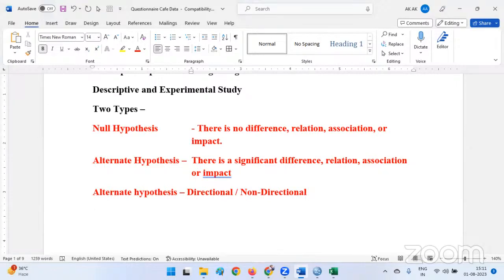Suppose let's take an example of satisfaction of males and females. So what is my null hypothesis? We denote it as H0.